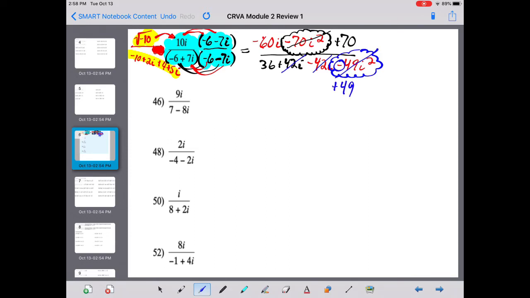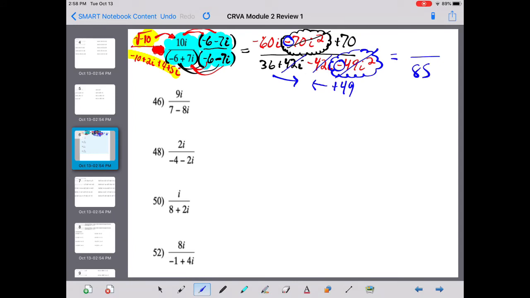Essentially, you're always just taking the opposite of whatever symbol's in front of the i squared term. See that? So now on the bottom, we can combine 36 and 49, which equals 85, if I'm not mistaken.